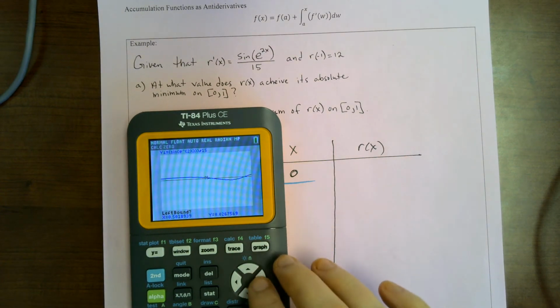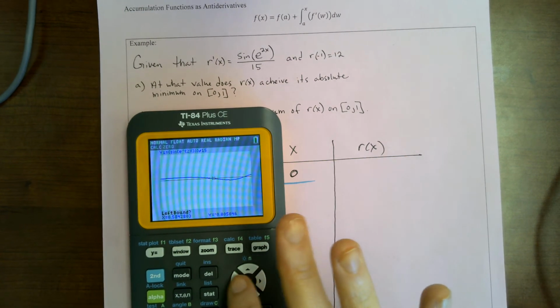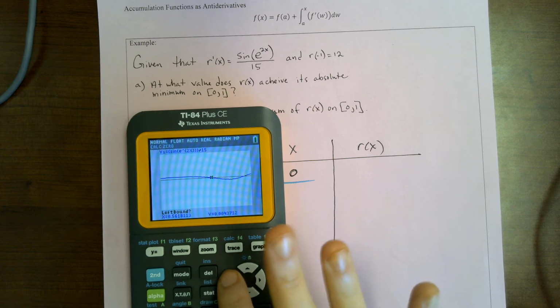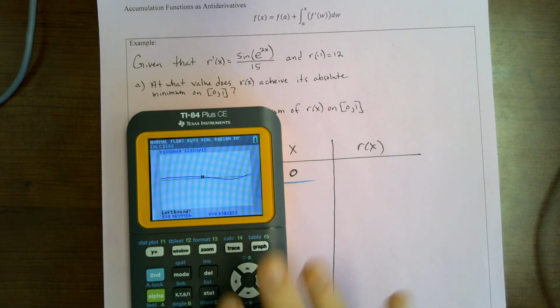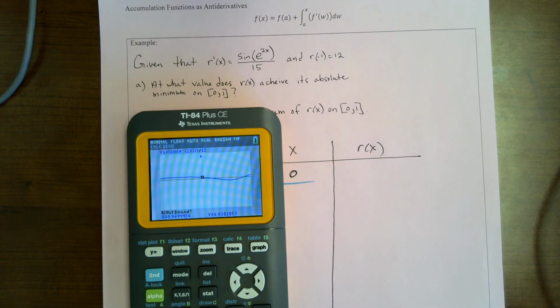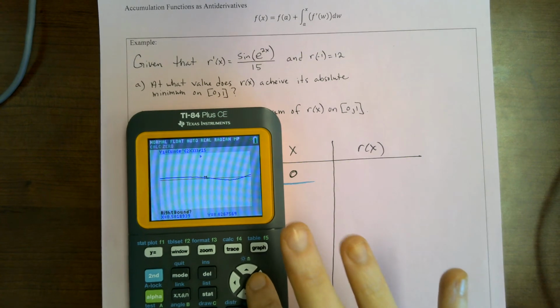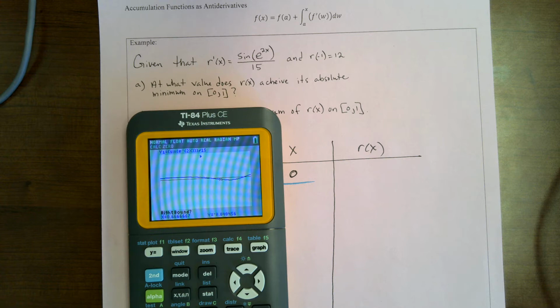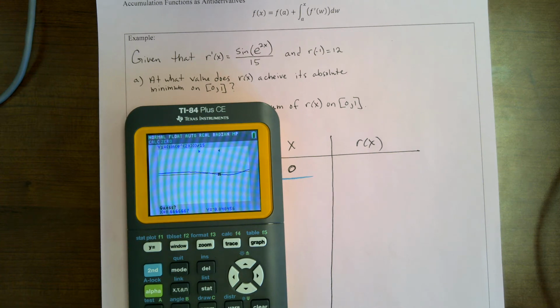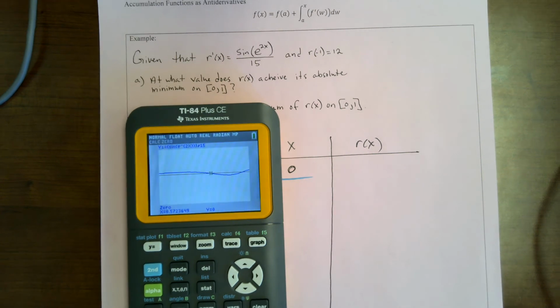Then left bound: I want to be to the left of the 0. I hit enter, and then I want to be to the right of that 0 for right bound. Enter, and then it will say guess, and you enter again.